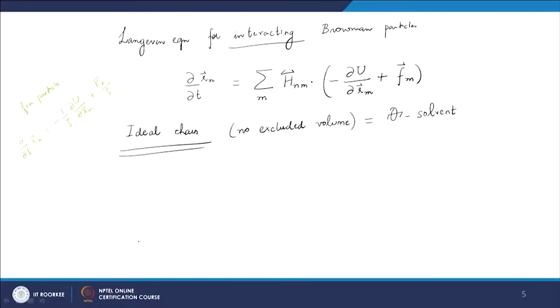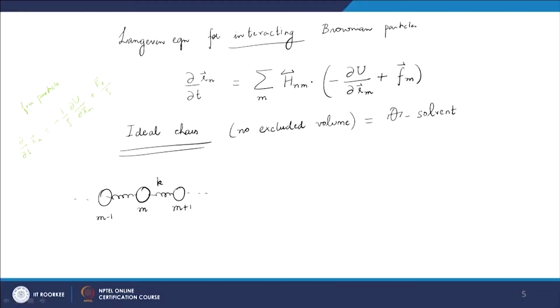So, then in that case, just to recall from our previous discussion, any bead in the system is experiencing the spring force due to the m+1th bead and m-1th bead, the bead after this or the bead before this.